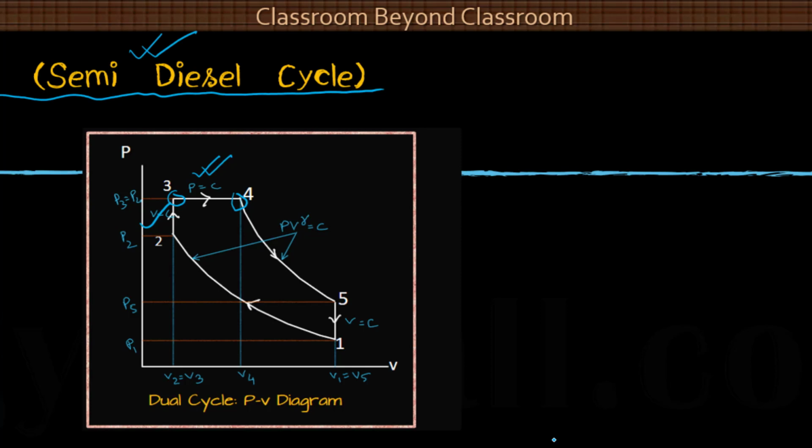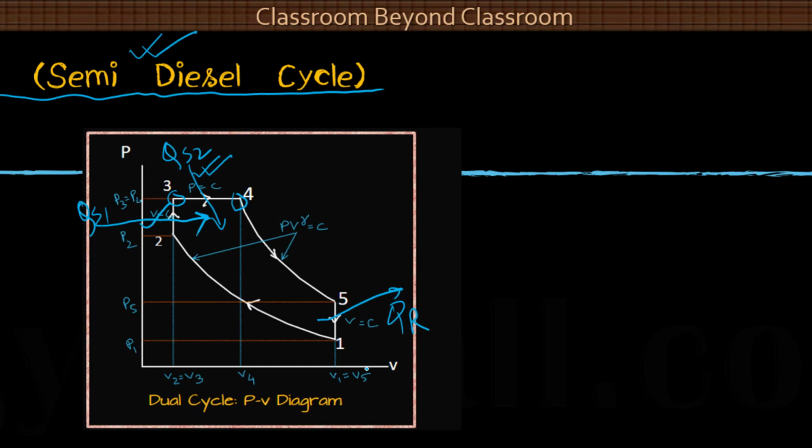Process 4-5 is again an isentropic expansion process, and process 5-1 is a constant volume heat rejection process. So there will be two heat supplied, this is QS1 say, and this is QS2, and the heat rejection is the same. This is QR, heat rejected at constant volume.